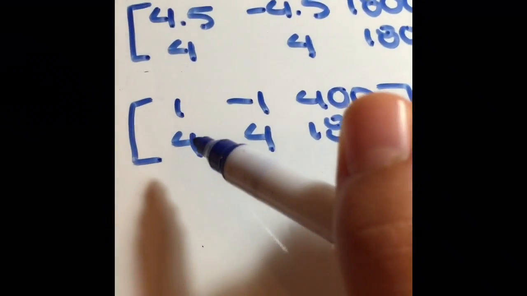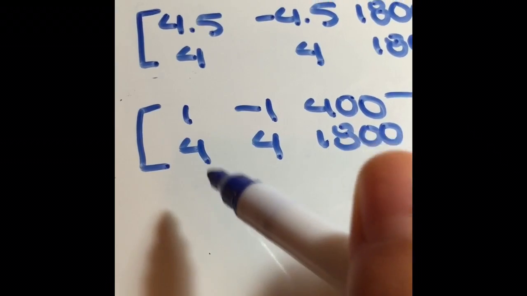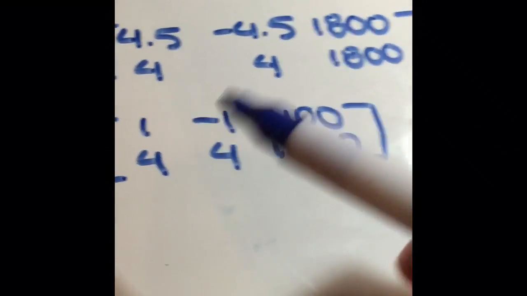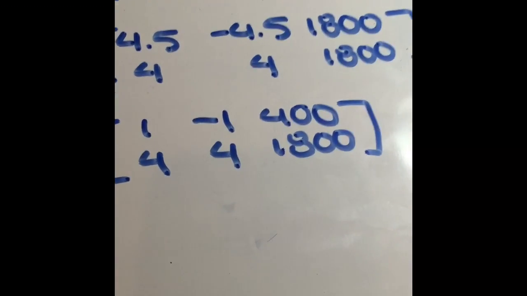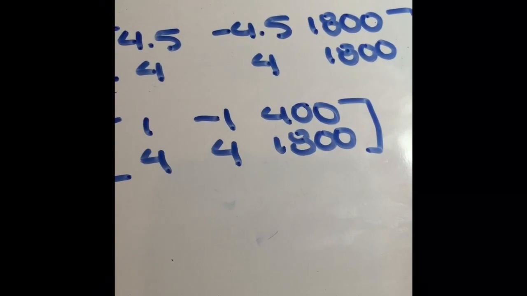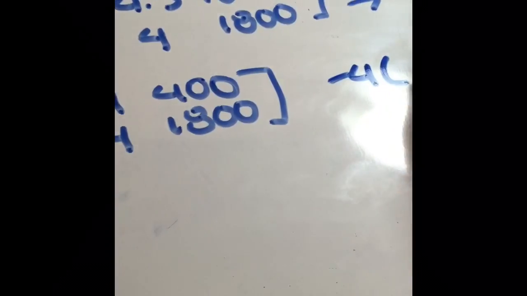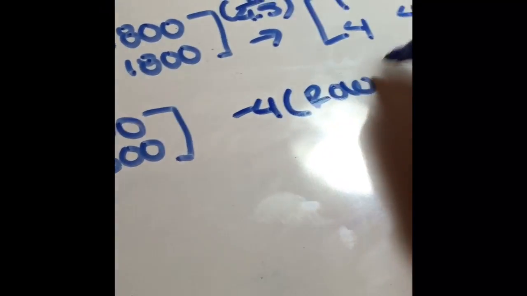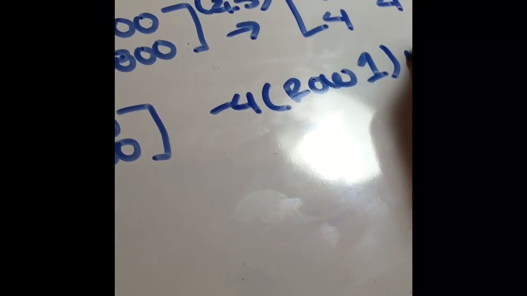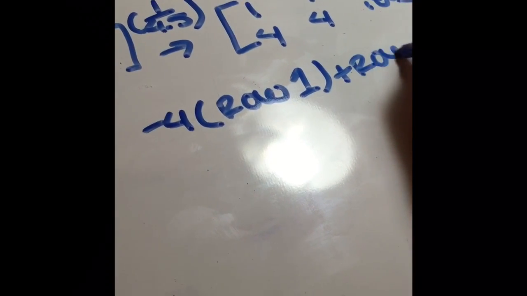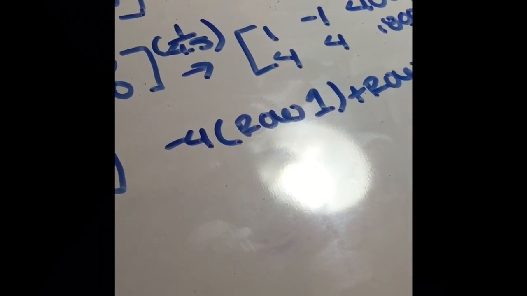The second step is to get the x value in the second row to equal 0. So in order for us to do that, we have to multiply the first row by negative 4 and add that to row 2. So we'll have negative 4 times row 1 plus row 2 to give us a new row 2, not row 1.